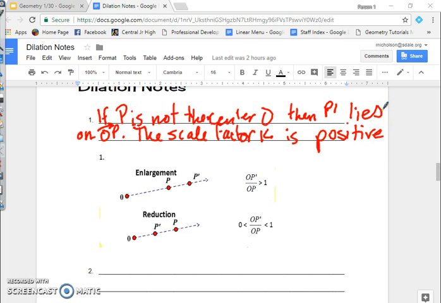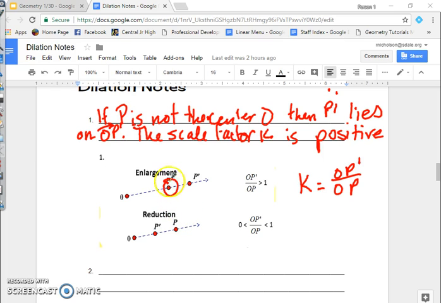Okay? So K would look like OP prime over OP. So we have this point P prime that lies somewhere on the ray OP. Do y'all see we have point P out here, right?